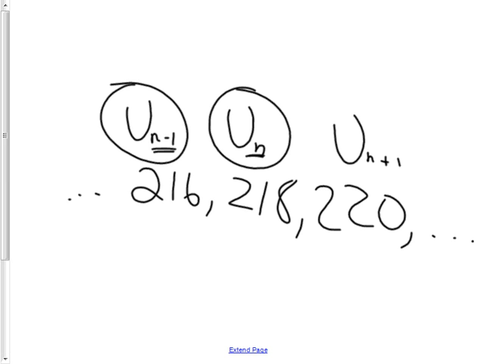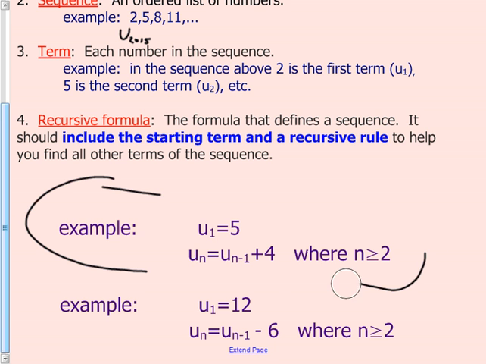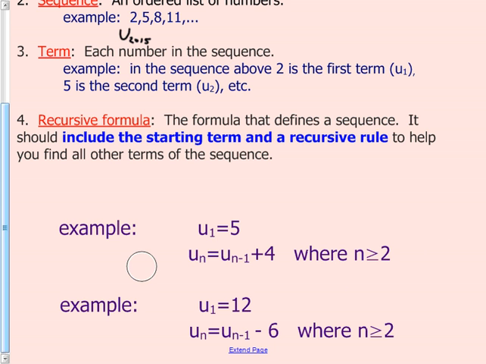So, now that you understand that a little bit better, if you look at this, I hope you see that this is saying any term is given by, or is equal to, the term right in front of it plus 4. You see how it's just a different language? It's a language of math.